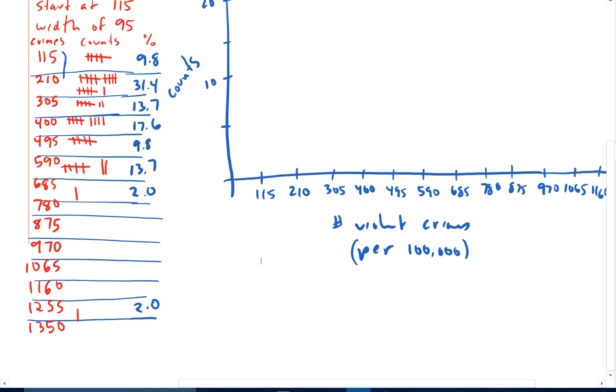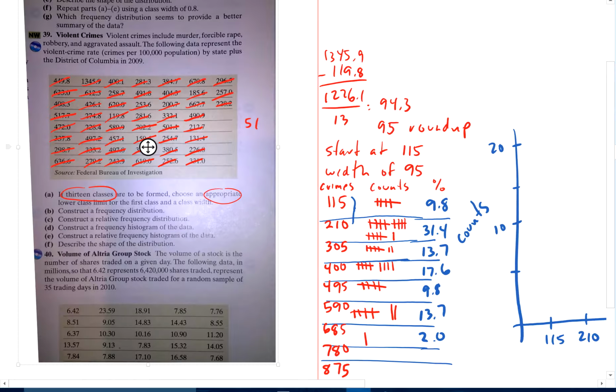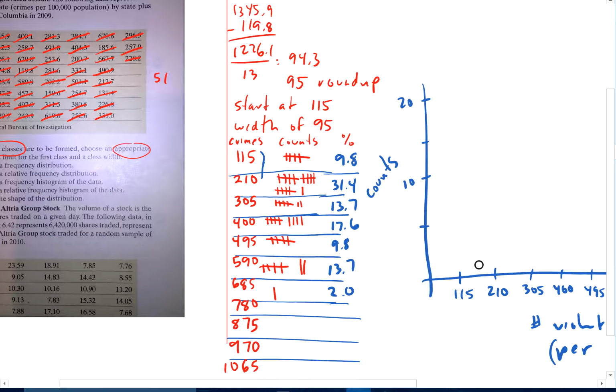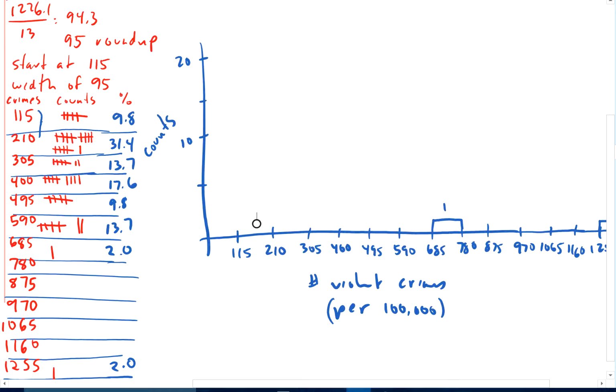Okay, and then 685 to 780. It's also 1. Just back up. 590 to 685. Oops. Sorry, don't know why it did that.